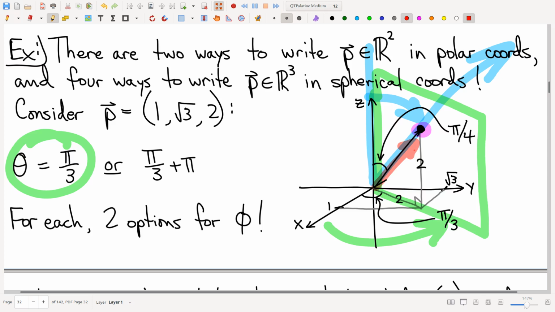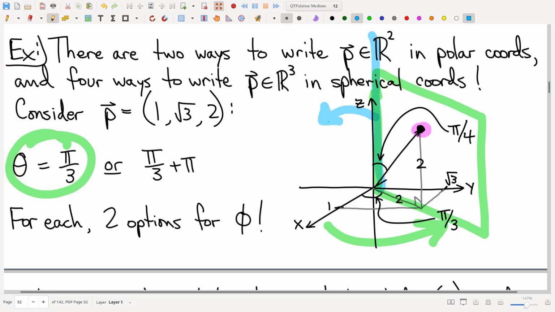Here's the thing. There are other ways to do it. If I were to instead let phi be negative, keep in mind that positive values of phi bend down toward the theta half plane, so a negative value of phi would bend back away from the theta half plane.